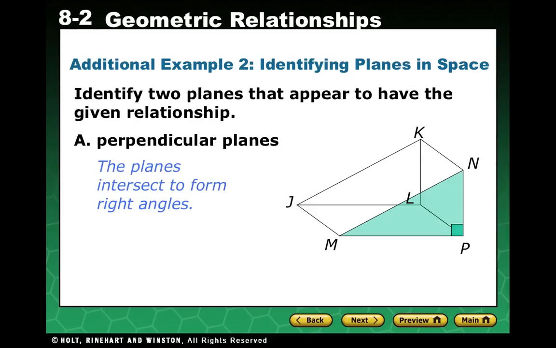So we'll use that front triangle, that plane NPM or MNP. And that one is perpendicular to plane NPL. So that's that quadrilateral on the back. But remember, we only need to name 3 of the points on the plane.